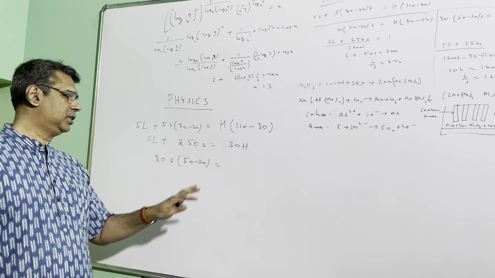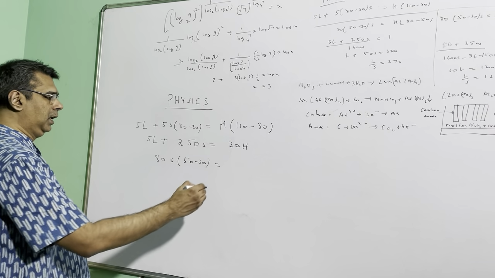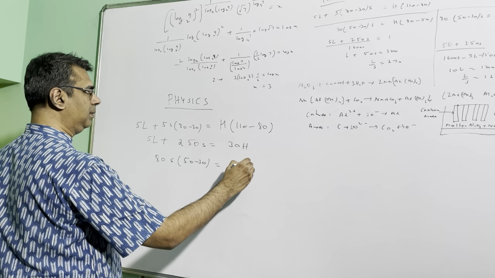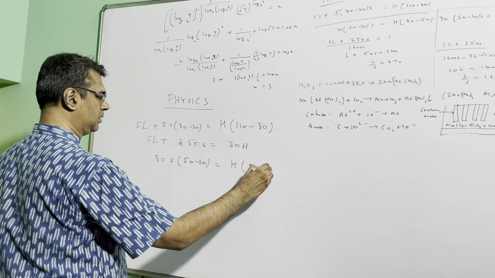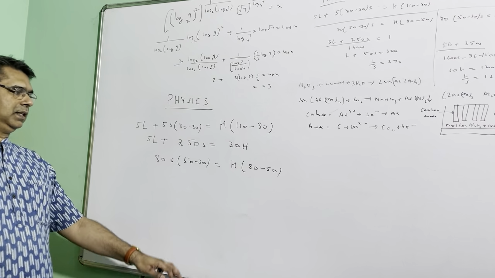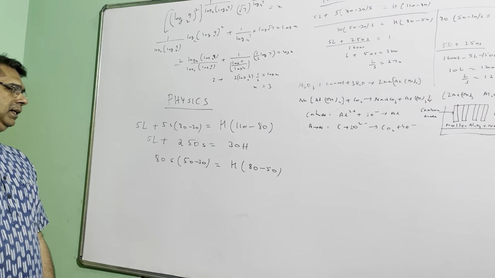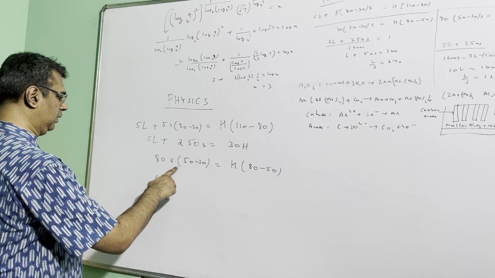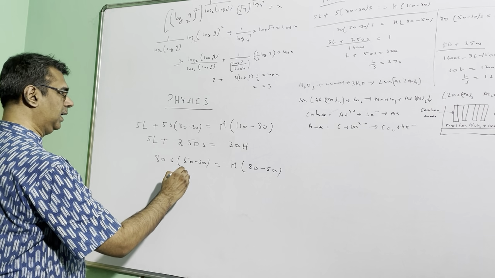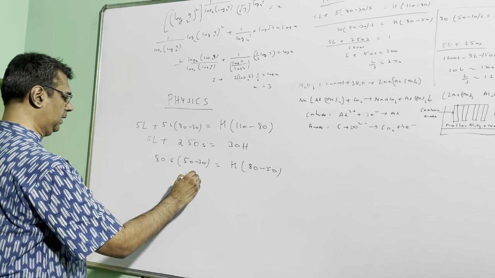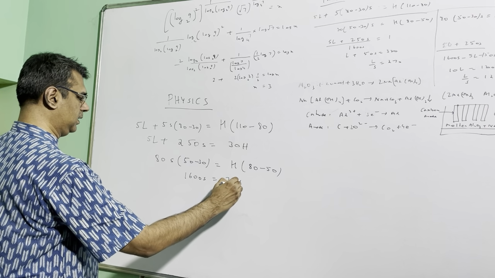So the rise in temperature will be 50 minus 30. Meanwhile, the calorimeter has already achieved 80, so further it's going down from 80 to 50. So this is the heat given out by the calorimeter. If you simplify this equation, then you will get 1600S is equal to 30H.